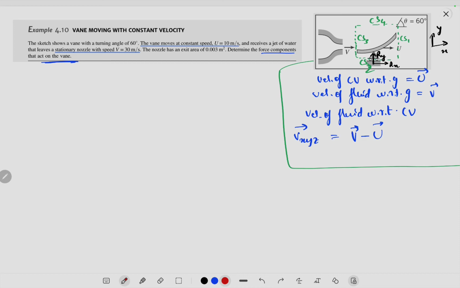Next, let's write the equations that we derived using Reynolds transport theorem for mass and linear momentum. Again, let the assumptions be steady state flow, uniform flow, and incompressible flow.